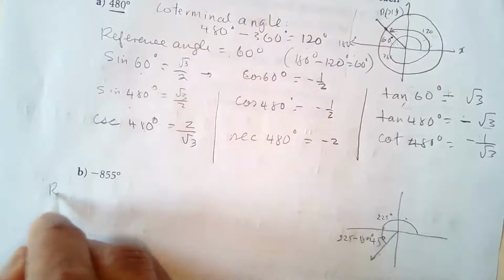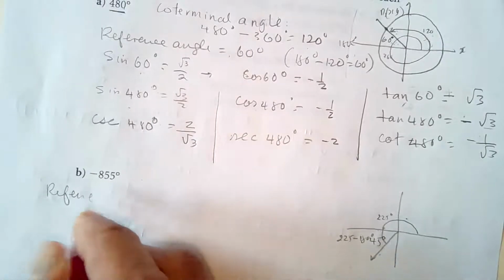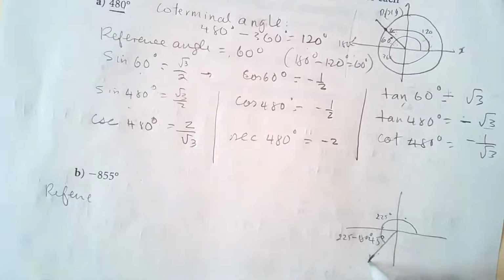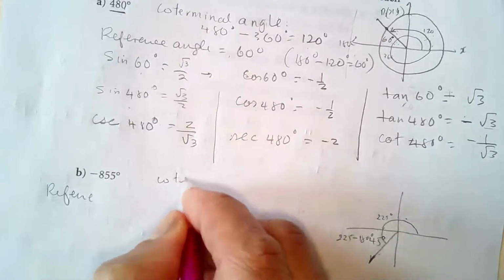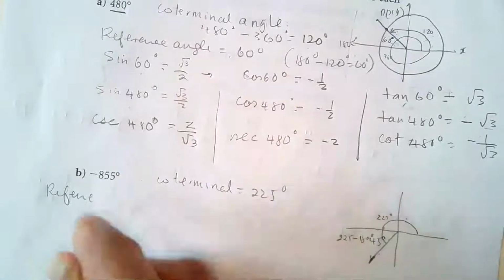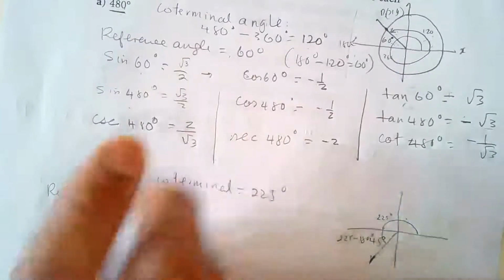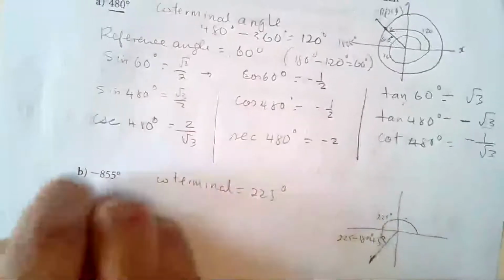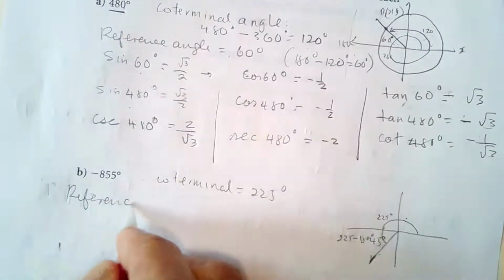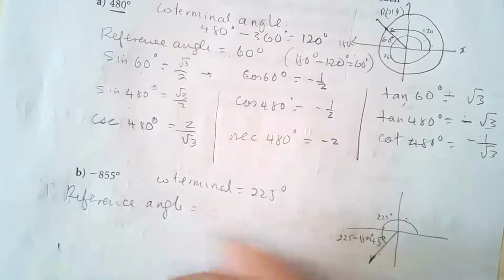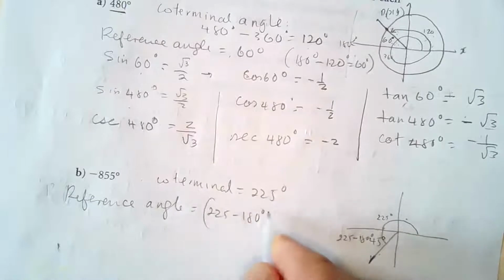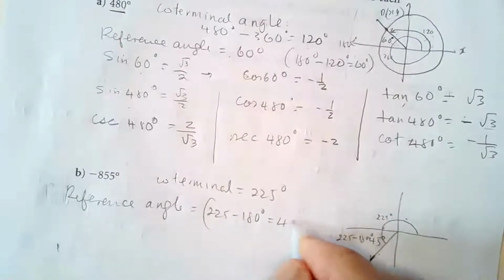So the coterminal is 225 degrees, but the reference angle is equal to 225 minus 180 degrees, which gives me 45 degrees.